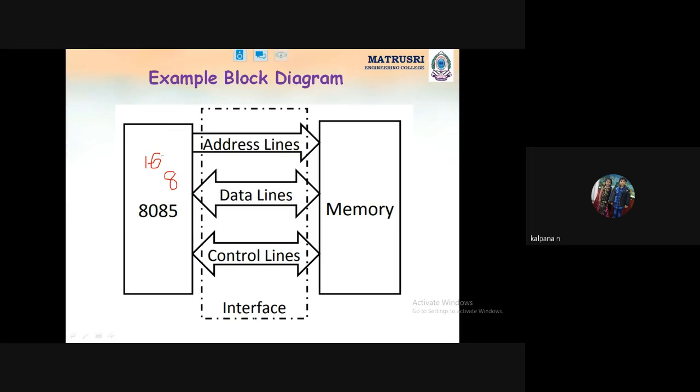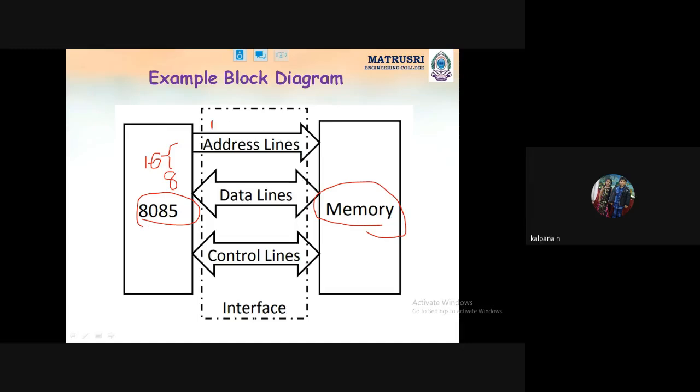Among these 16 address lines, the lower 8 address lines are multiplexed with the data lines, and the other address lines are normal, singular address lines.